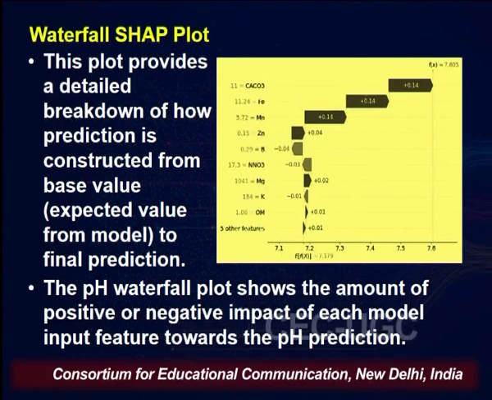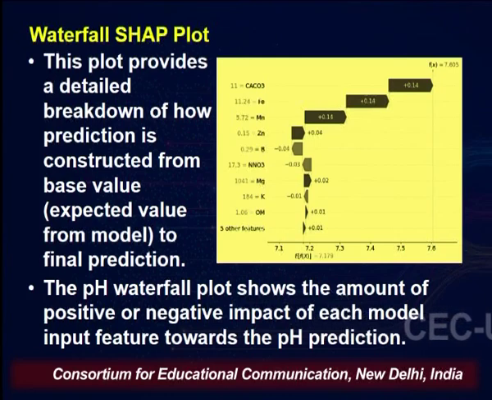So it starts from an expected value based on the whole of the model, the average behavior or estimated behavior, and then for each sample, the feature specific values for a particular sample show how the final prediction for that sample evolves to the value that you can see on the top right corner.